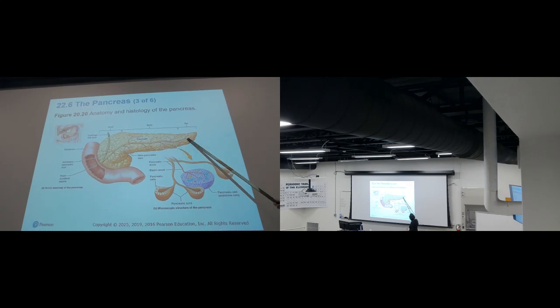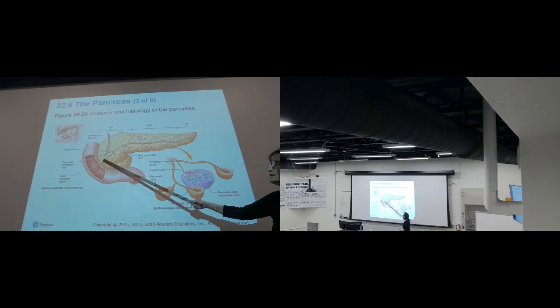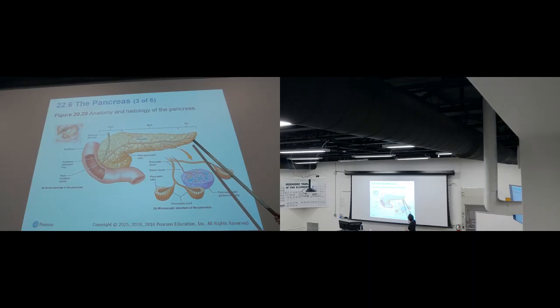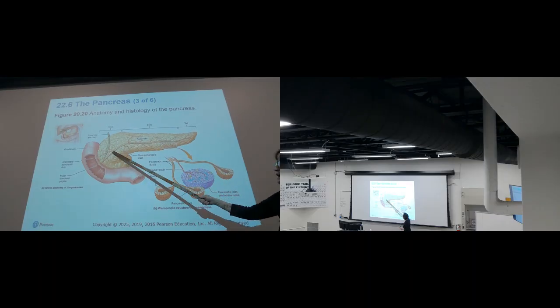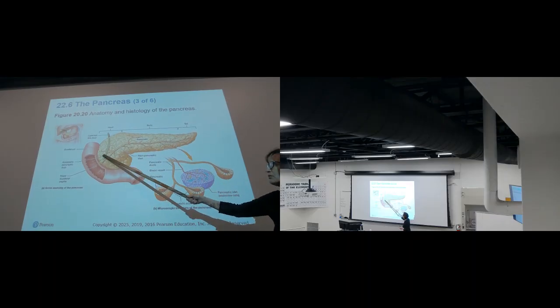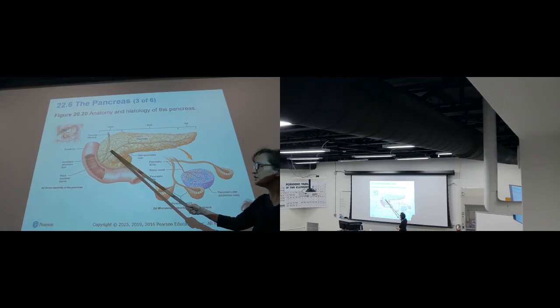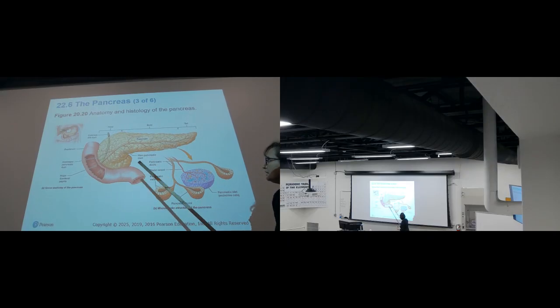From head to tail, you have the running of these ducts. You have one that is called the main pancreatic duct, and then you have the accessory pancreatic duct that emerges off from the main pancreatic duct just in the head. And this duct receives secretions coming from the exocrine portion of the pancreas, which will be the pancreatic acini.